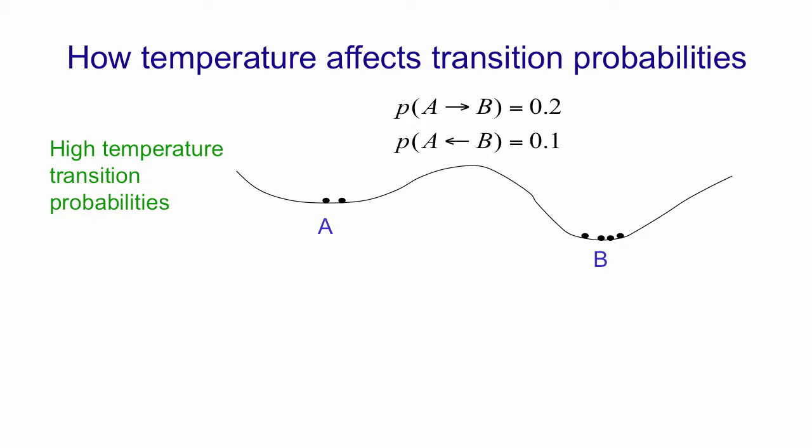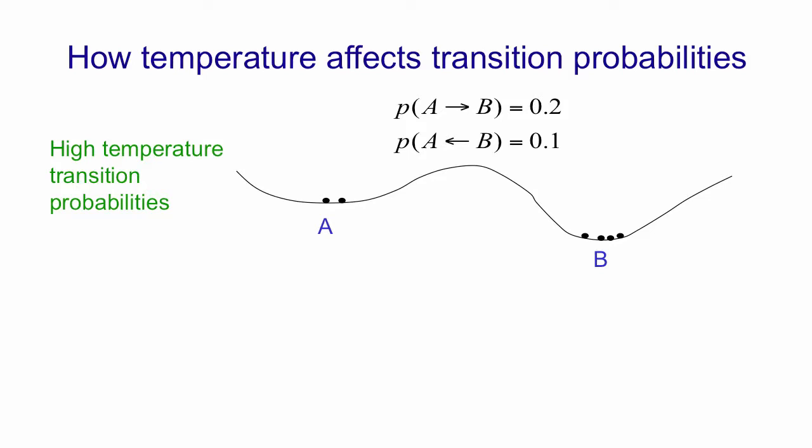So the reason for simulated annealing is that the temperature in a physical system, or in a simulated system with an energy function, affects the transition probabilities. In a high temperature system, the probability of going uphill from B to A is lower than the probability of going downhill from A to B, but it's not much lower.